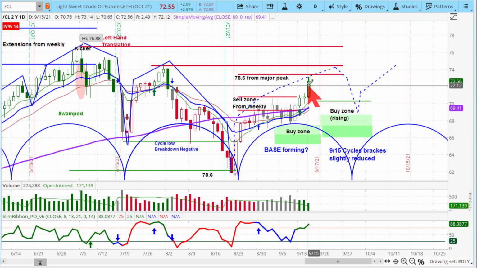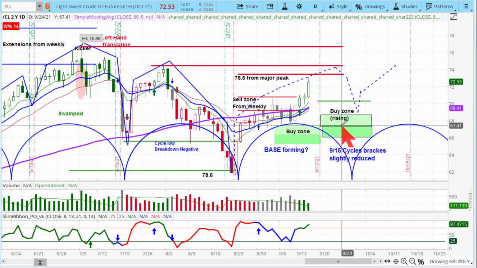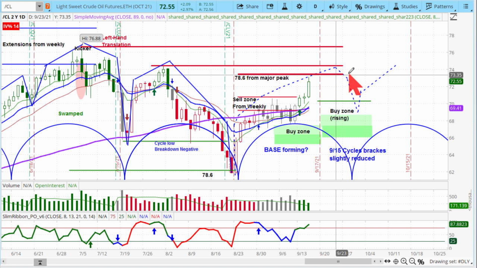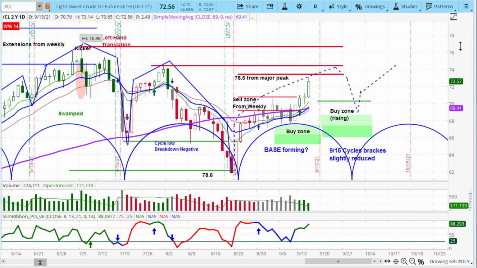And remember that this is the configuration, being that it's going to bottom, very likely, much higher than it began. That means the next rally is likely to take you above whatever this peak is here by about 70% or more. So the percentages are just based on the cycle configurations and translations. This cycle is already translating on the right side.